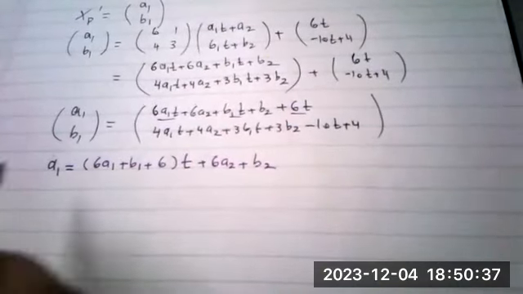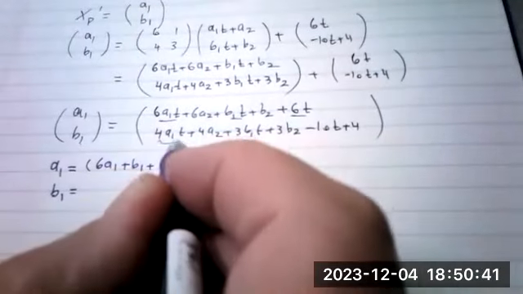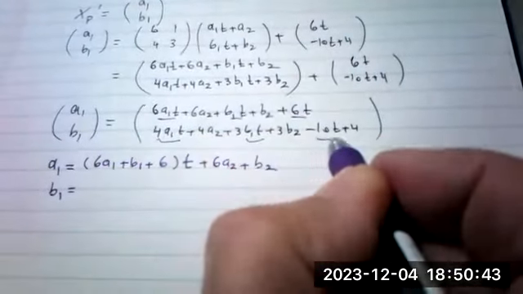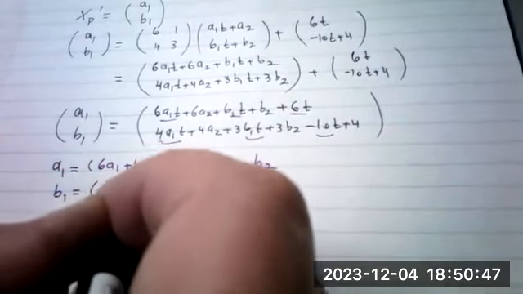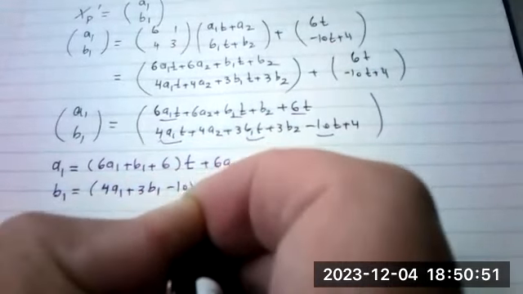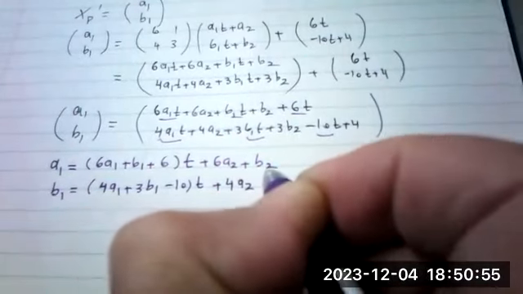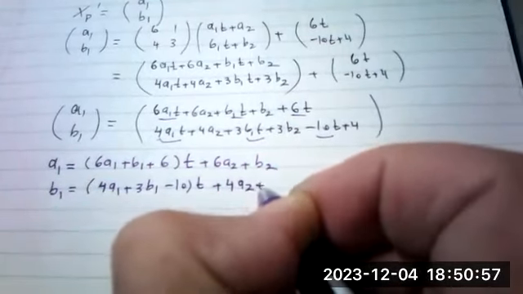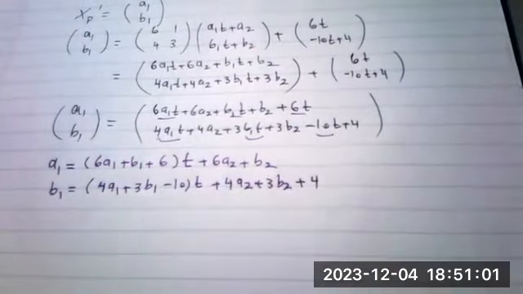Okay, we do the same thing to the second one. B1 equal to the t's: 1, 2, 3. So the coefficient would be 4A1 plus 3B1 minus 10, times t. And the leftover is going to be 4A2 plus 3B2 and a constant 4.